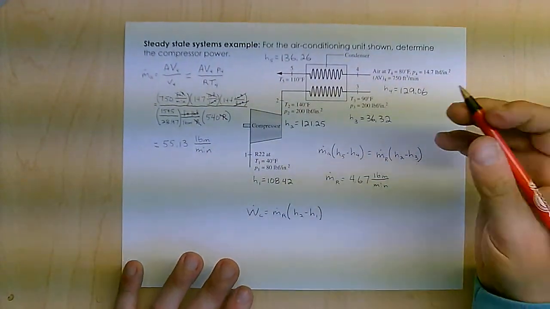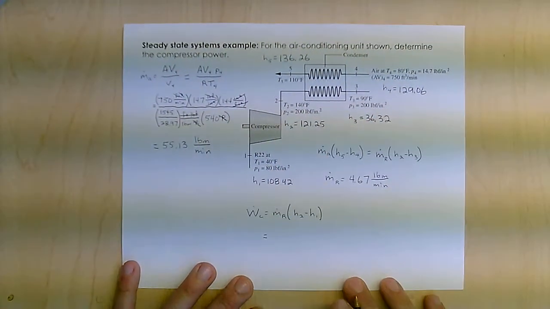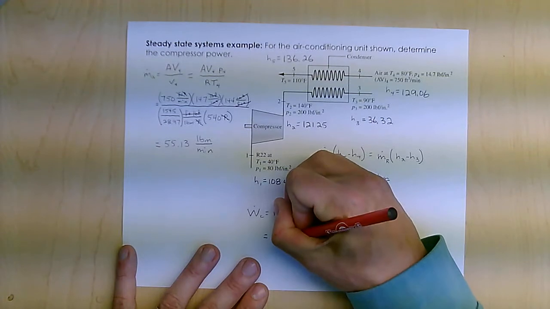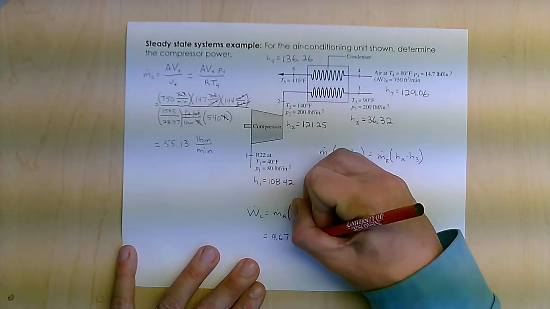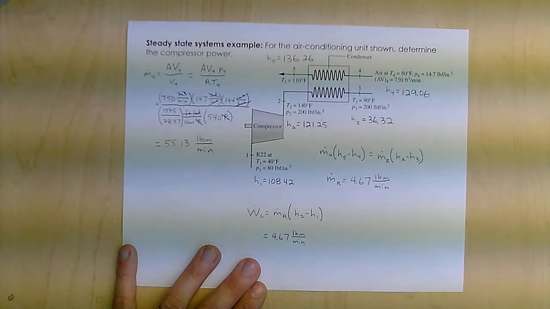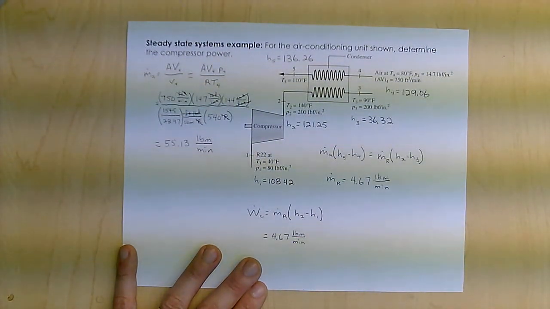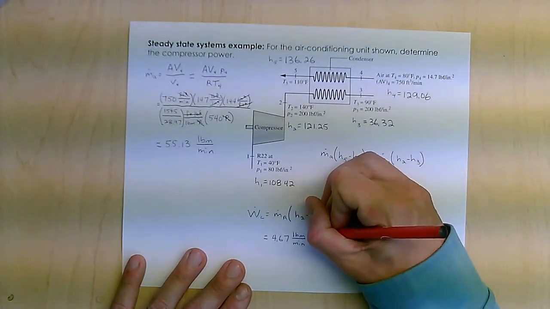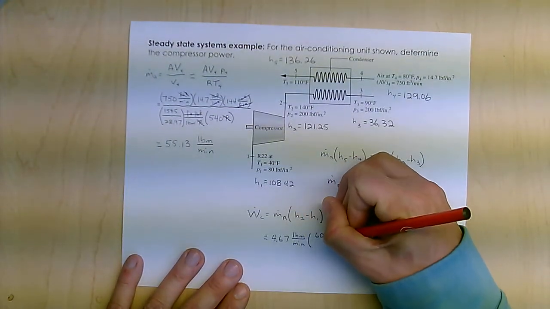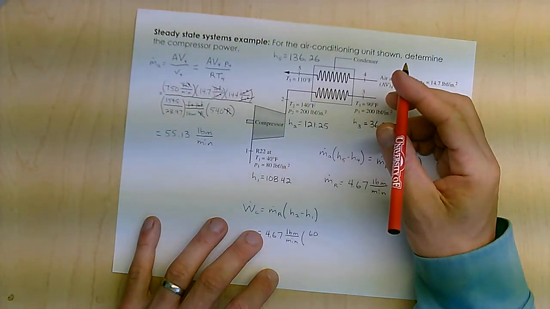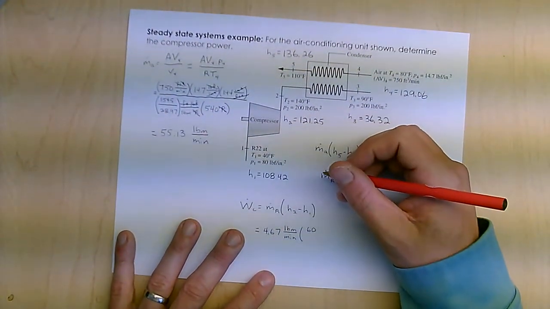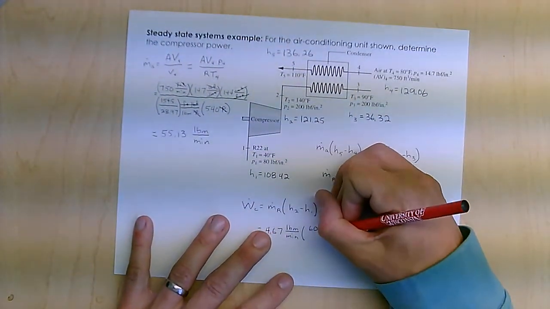Okay, so let me go through and make sure we follow the units on this one. So it's 4.67 pound per minute. Okay, I want to take that times 60. Oh, I see what I got.